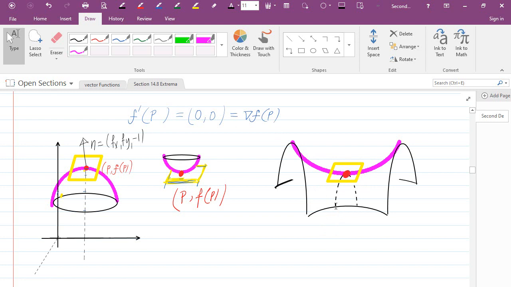But if you look at the points on the dotted line on the graph of f, then this is the highest point. So this is neither a local max nor a local min. The point I want to make here is that when we have a critical point P, either we have a local max, a local min, or a saddle point.